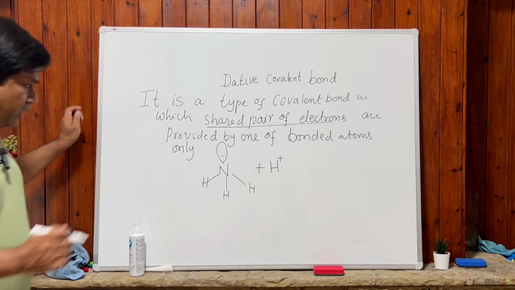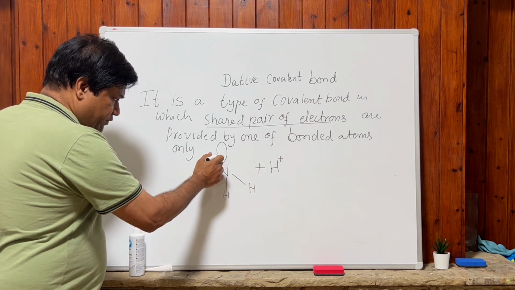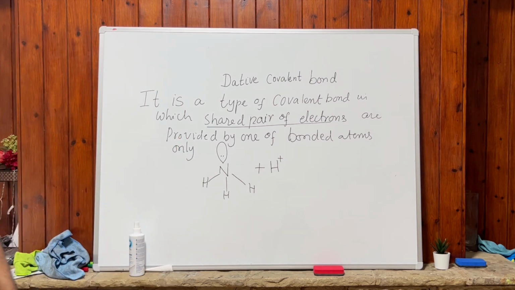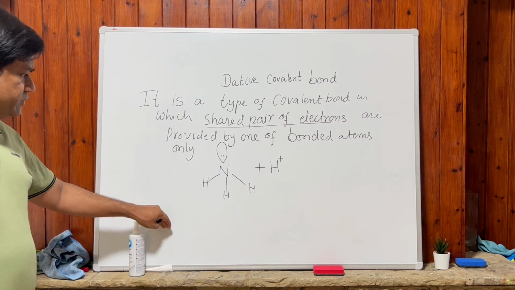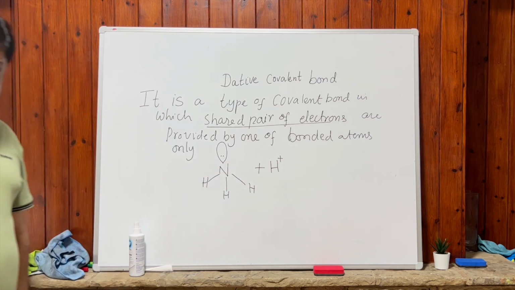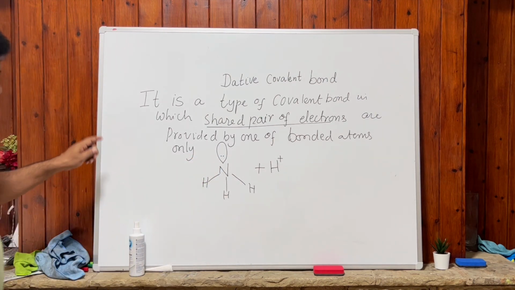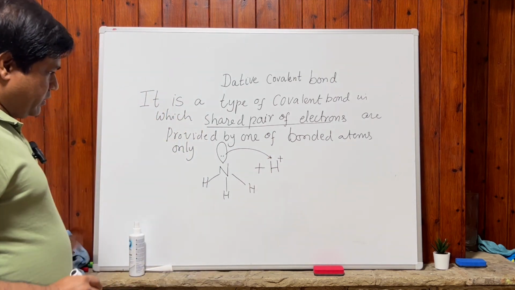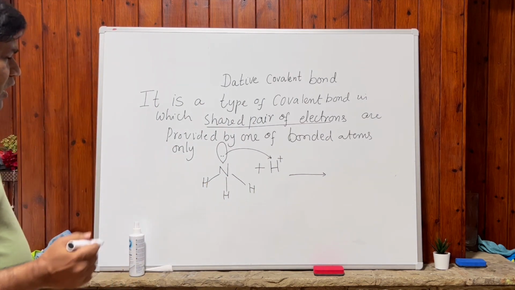Now, nitrogen, after making 3 bonds, still has a lone pair left on the nitrogen. Nitrogen is a group 5 element. It can easily make 3 covalent bonds. Along with that, it has one lone pair left. That lone pair is donated to H plus ion to make a dative bond. See how we write the dative bond?